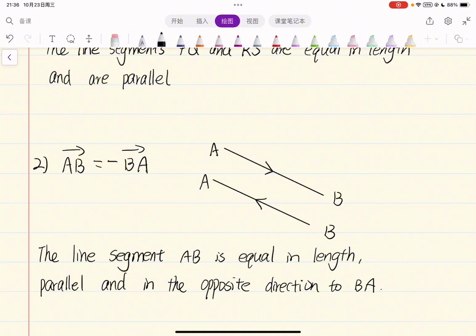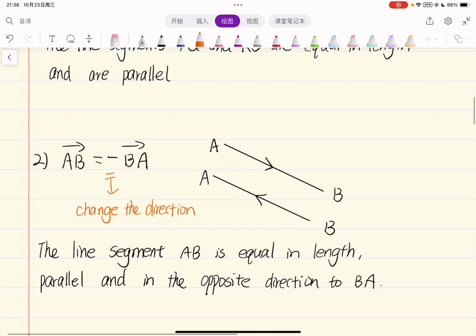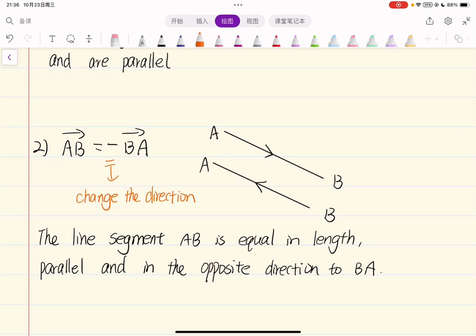So the negative sign means that you change the direction of the vector BA, so that we have the point A to the point B. Thus, the vector AB equals negative vector BA.